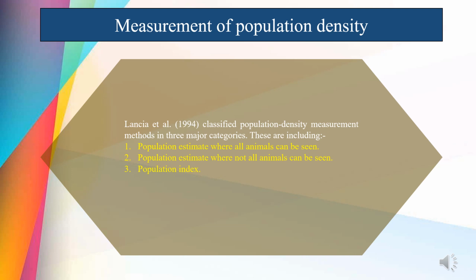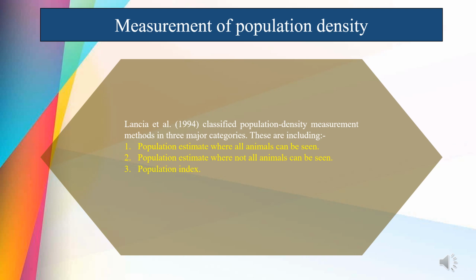Then the second one is population estimate where not all animals can be seen. This involves the mark recapture method. In this method, a sample of the population is captured, marked and released, and the proportion of marked individuals in a later sample is used to determine the total population.